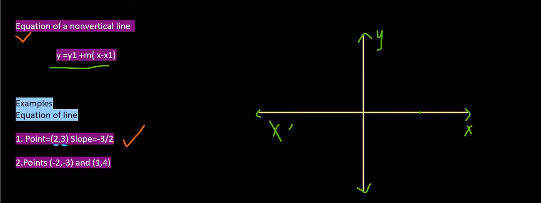By putting the values of the point and the slope in this equation, we will get the equation of that line. I am choosing the equation of slope to find an equation of a line whose point and slope are already given.